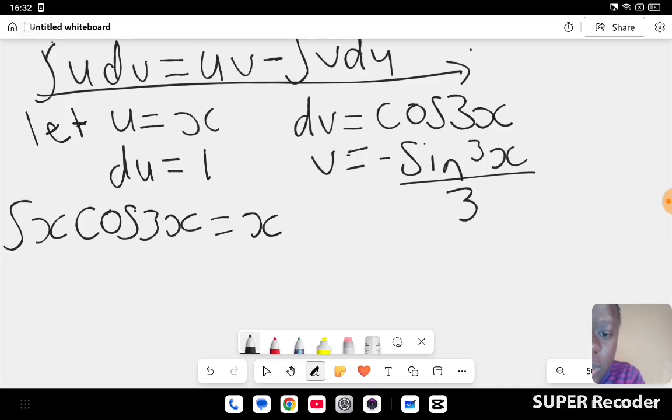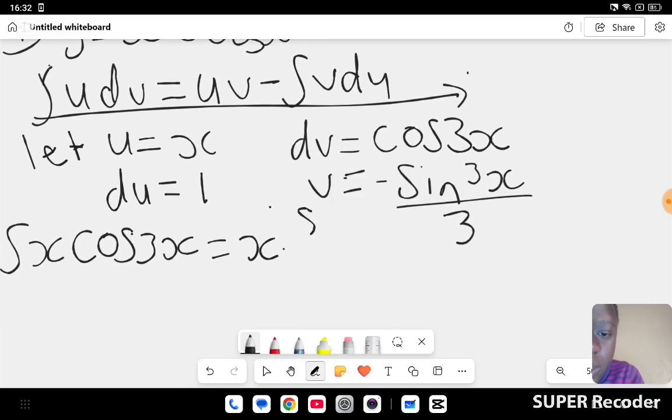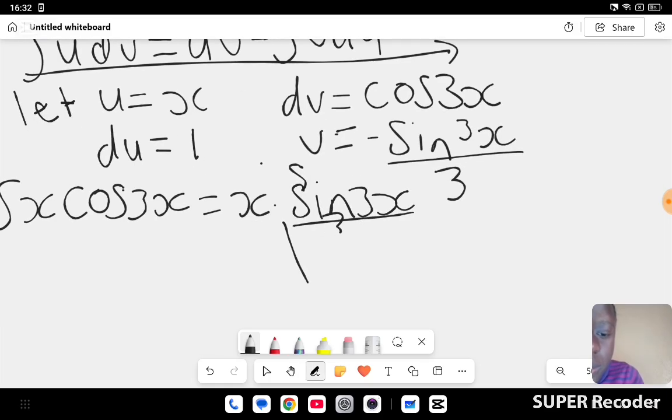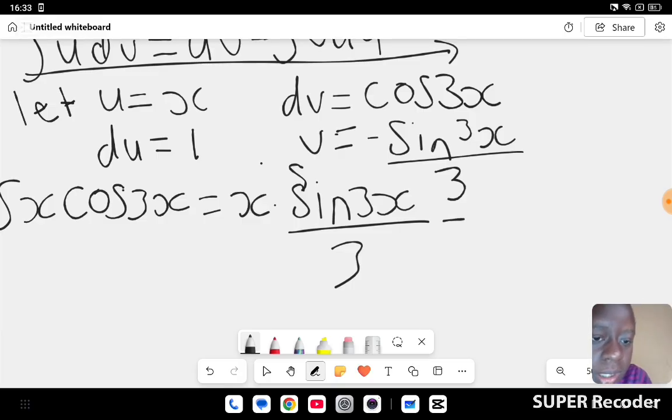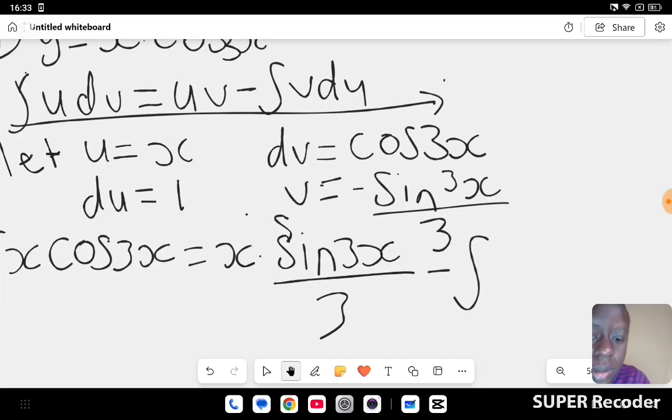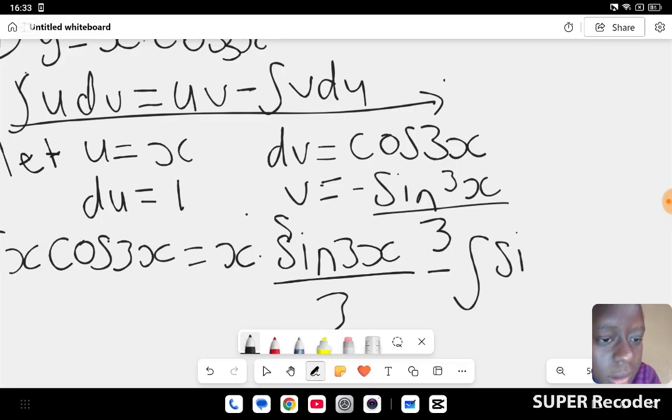For v, it's going to be multiplied by sin 3x divided by 3, minus the integration of v, which is sin 3x divided by 3, and du, which is 1. We can just leave it like that.